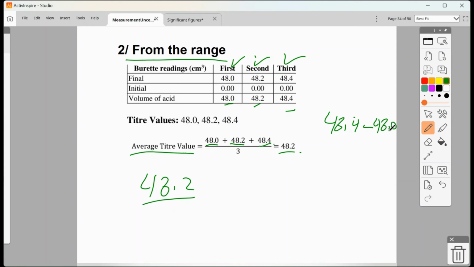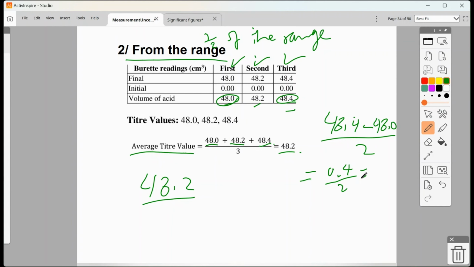Then divide by 2, because the uncertainty is half of the range. 48.4 minus 48.0 is 0.4.